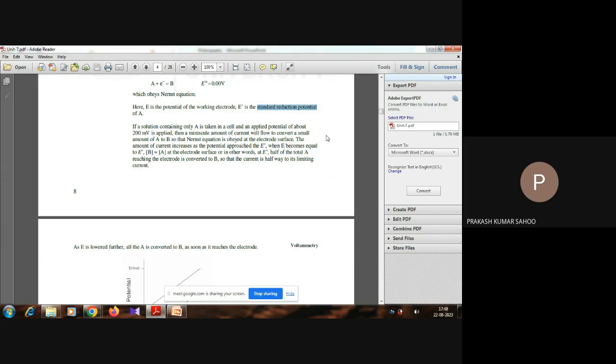There is a table. Fluorine is at the top, lithium is at the bottom, and fluorine has the maximum positive value of reduction potential, that is plus 2.97, I think, volt. Then lithium has the least standard reduction potential, that is minus 3.05 volt.